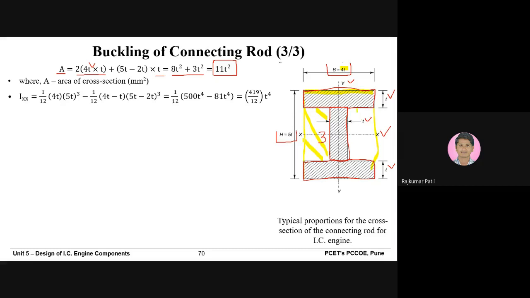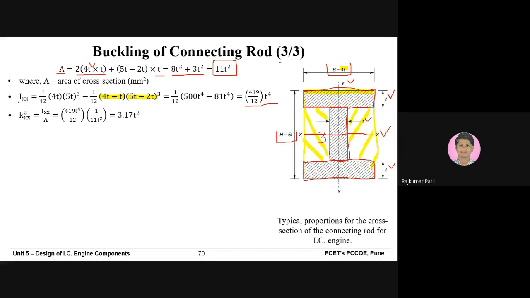This blank portion is highlighted, hatched in yellow color. So this area is 1 by 12 into 4t minus t into 5t minus 2t cube. So simplify that, and you will get the equation as 419 divided by 12 t raised to 4. So this is the moment of inertia about the x-axis.